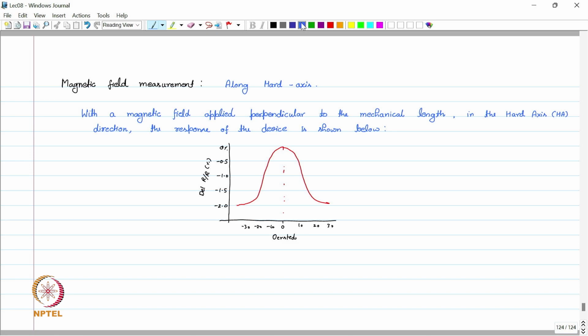This is the response of the magnetic material. The resistance decreases with applied field.